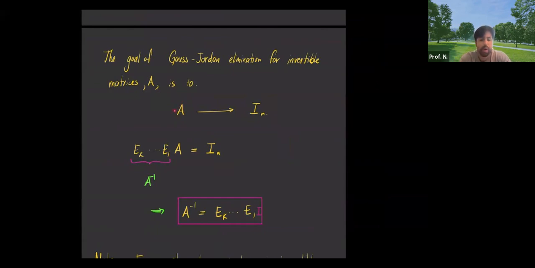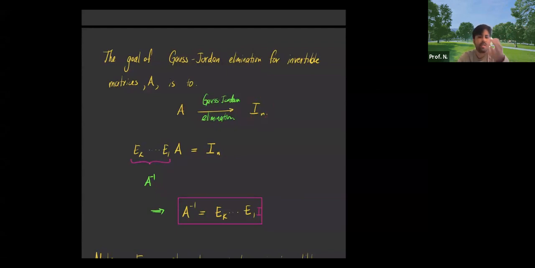We perform row operations upon A. So I should write this as Gauss-Jordan elimination. Again, this whole term, Gauss-Jordan elimination, means row reduce. We perform row operations to A to the extent that we get the identity.